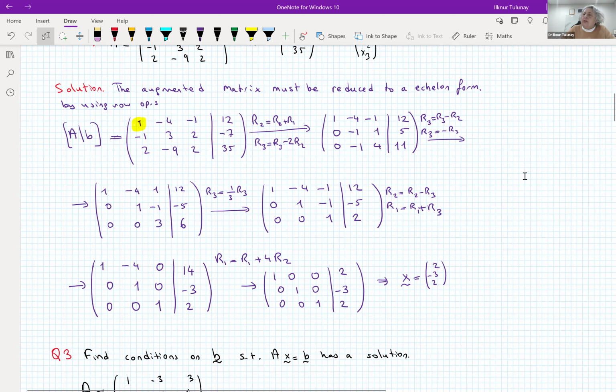The row operations are not unique, of course. You can do other row operations, but the key idea is really to obtain this kind of identity type of structure, as much as possible.